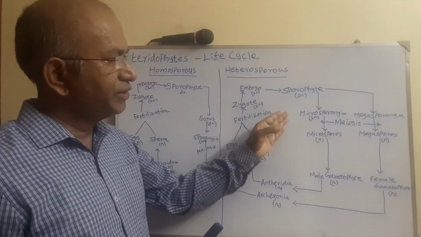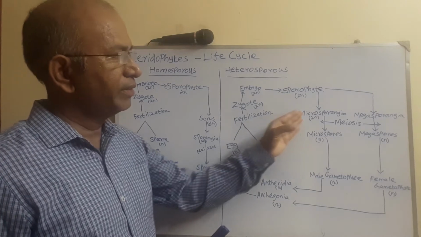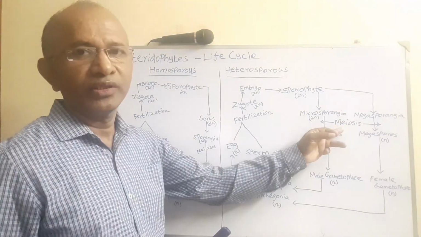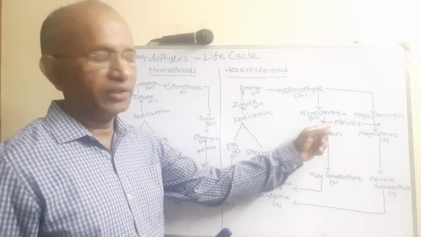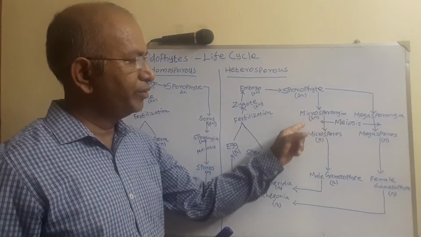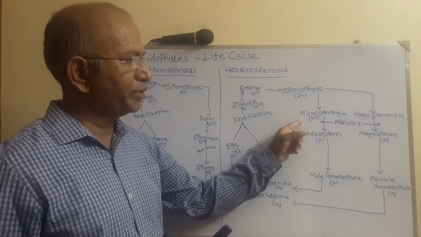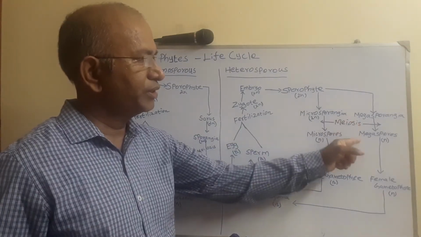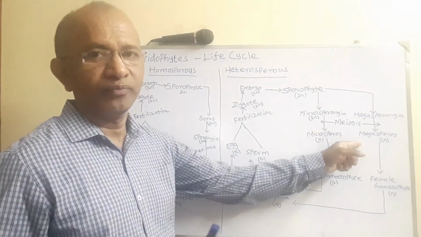So the microsporangia and the megasporangia undergo meiosis during their mature stage, and respectively they produce the microspores. That is, the microsporangia produce microspores and megasporangia produce megaspores.